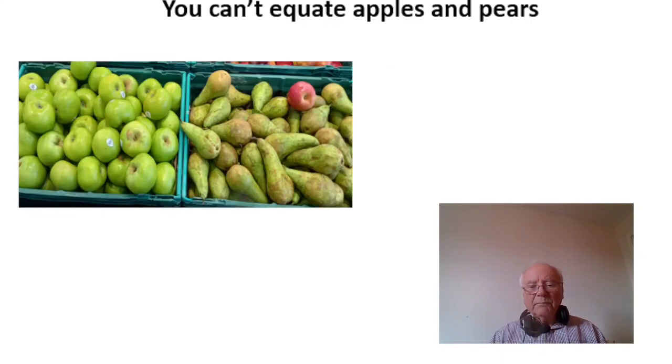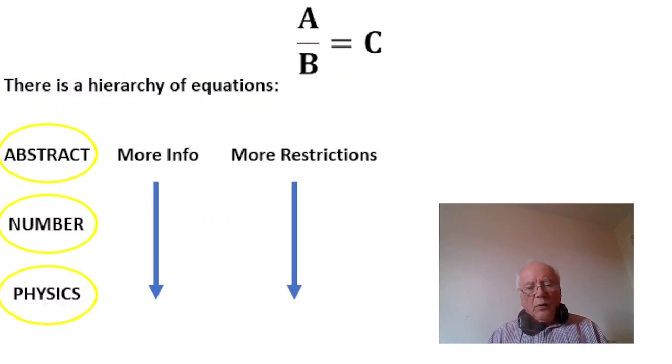The reason, basically, is that you can't equate apples and pears. They're different things, and therefore we cannot have different dimensions and different units on each side of an equals sign of a physics equation. What this actually means is that there's a hierarchy of equations.